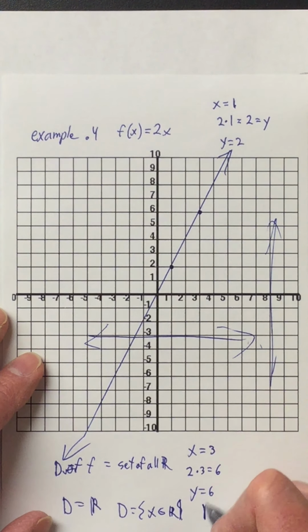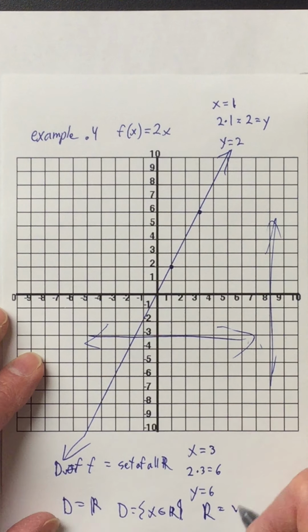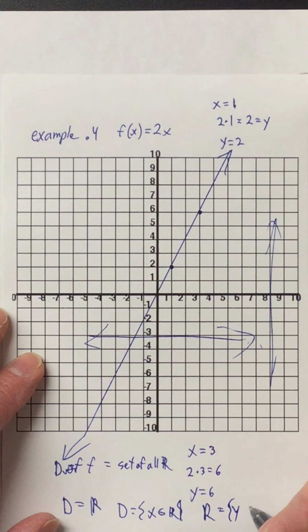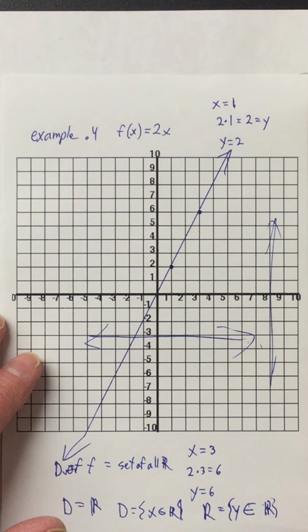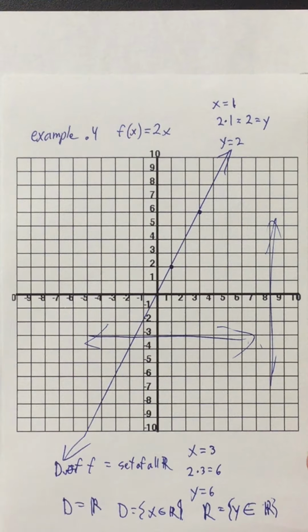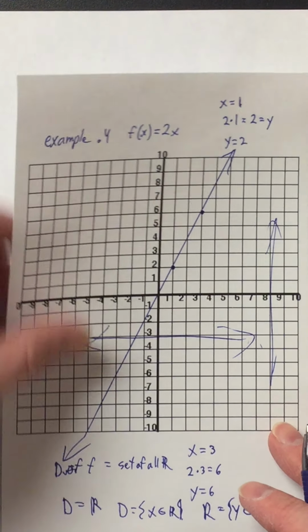And henceforth, the range is y, little bracket, is an element of all real numbers. And you can see that there in your book as they write it out. Let me show you that. Okay, so that brings me to the practice problems.